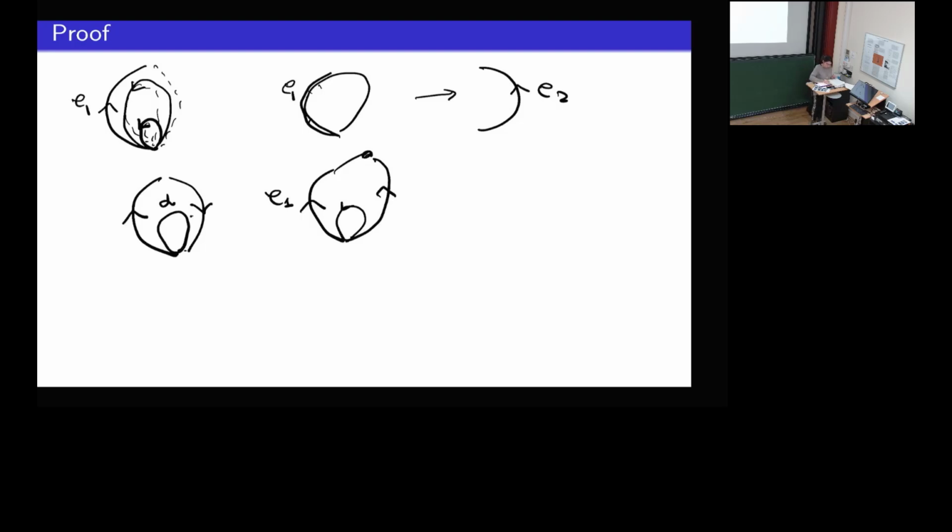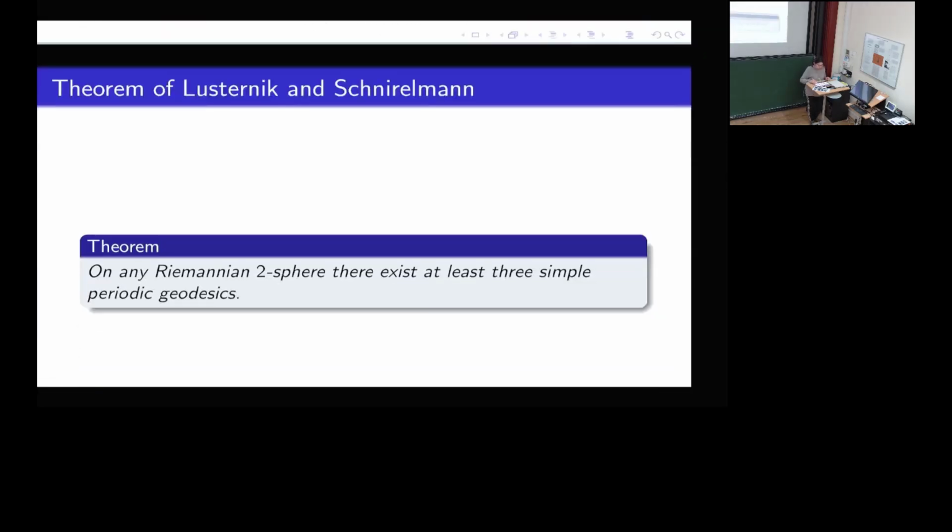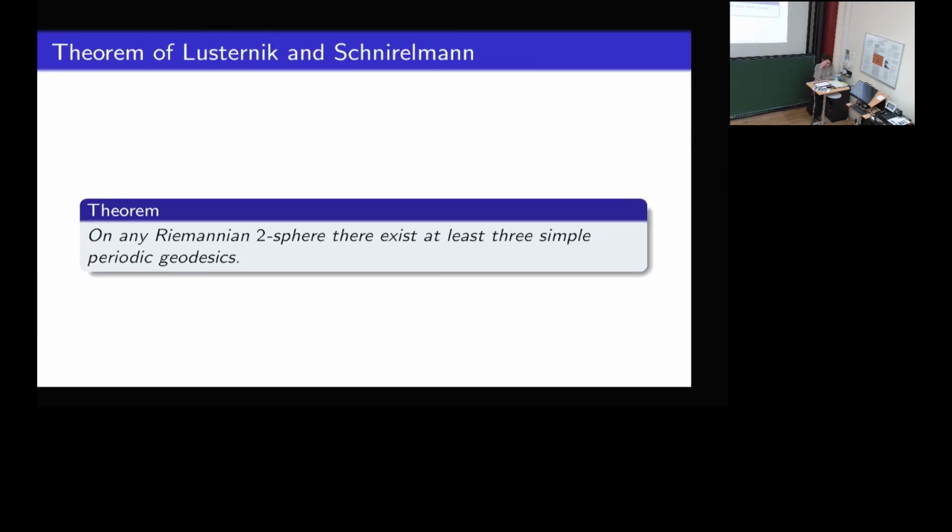Okay, so I'm going to now switch slides and talk about some more theorems. I have mentioned a bunch of more quantitative results. In particular, the theorem that I have mentioned is the theorem of Lyusternik and Schnirelmann, which says that on any Riemannian two-sphere there exist at least three simple periodic geodesics.